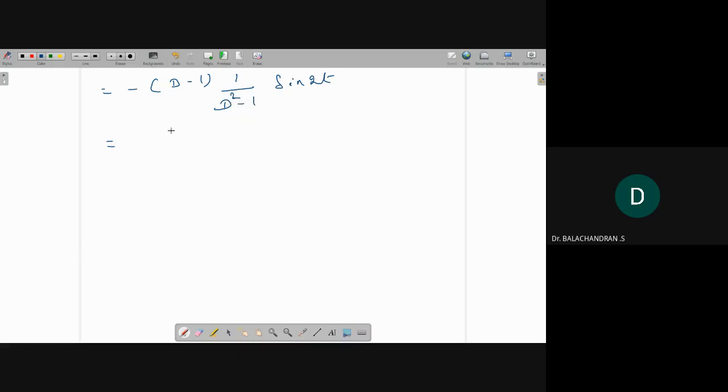Replace again D square by minus 4, that is minus 2 square, so minus 4 minus 1, so 1 by 5 plus 1 by 5 into, if you differentiate sin 2t, you'll get 2 cos 2t minus sin 2t. This is your PI2.